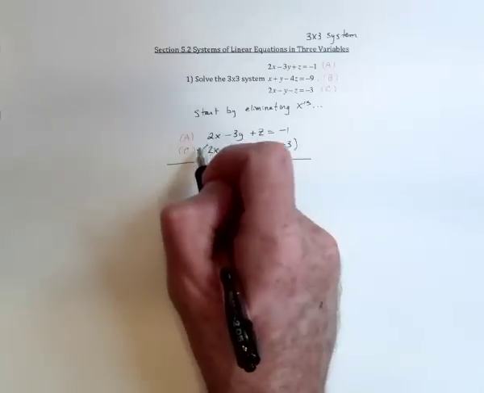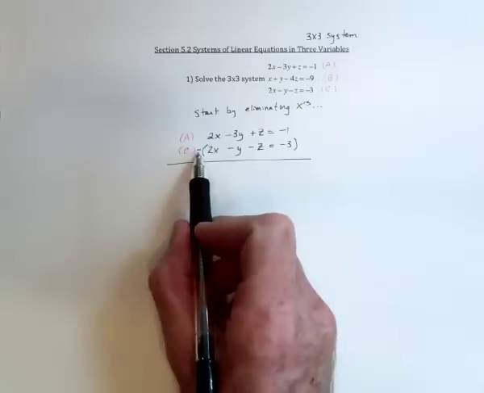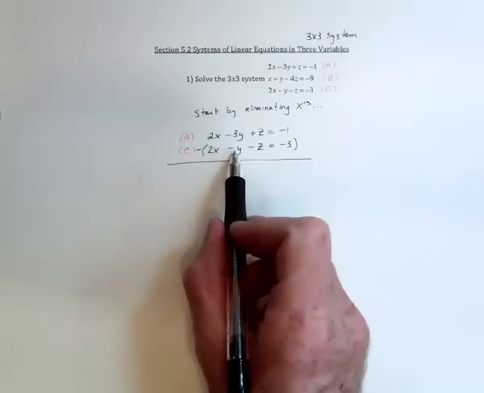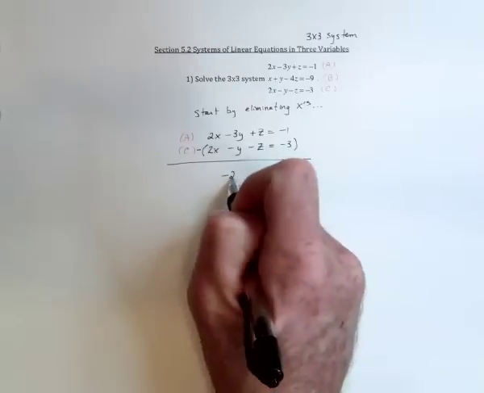So in here there's going to be a 2x minus 2x, those are gone. Keep in mind this negative needs to be distributed, so this negative multiplied over here is going to be a positive y. That positive y combined with -3y is -2y.